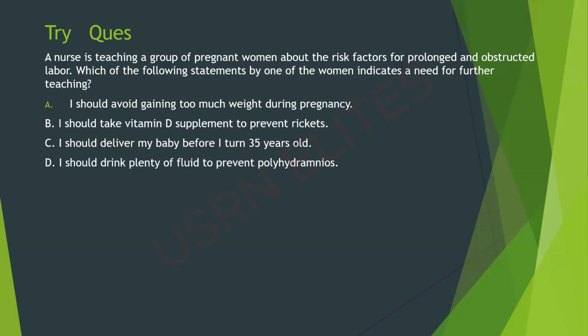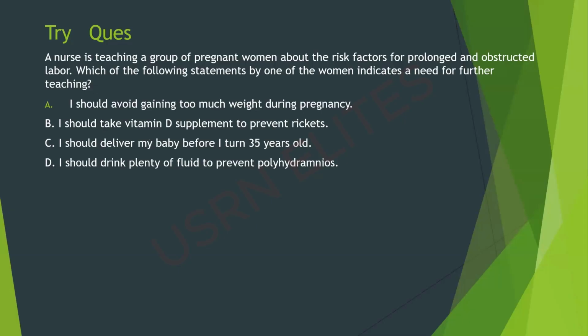When you choose answer A, that's what it means. Sir Frank, me, I'll choose D. Look at the words: I should drink plenty of water to prevent polyhydramnios. Does it prevent polyhydramnios? It does not correlate. More fluid will even help with amniotic fluid. If you hydrate. Any other?